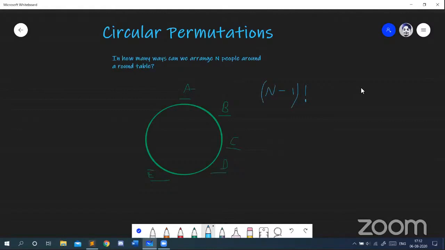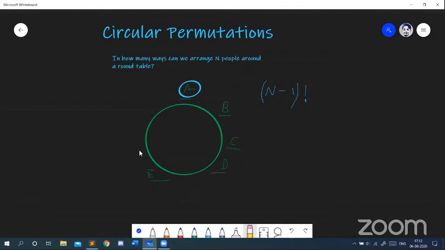What I'm going to say is, let's do one thing, right? Let's take this A, let's fix it here. If you do not want to put A here, and if you decide, no, I'm going to put A here, then what I'm going to do is rotate this arrangement such that A comes here, right? So without any loss of generality, let's consider A at this top position.